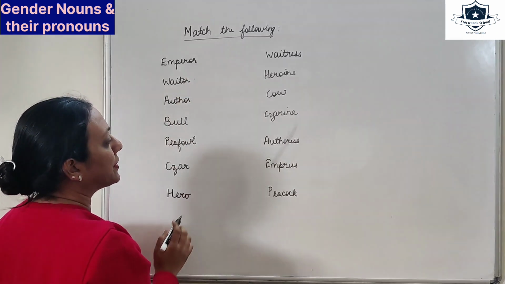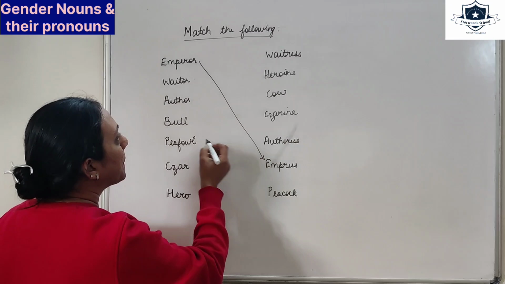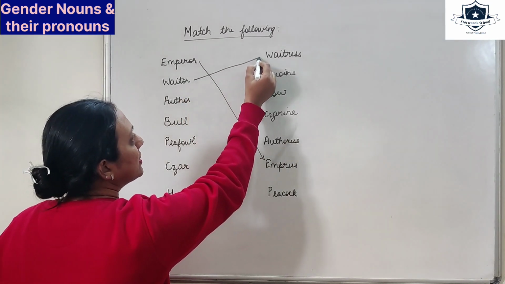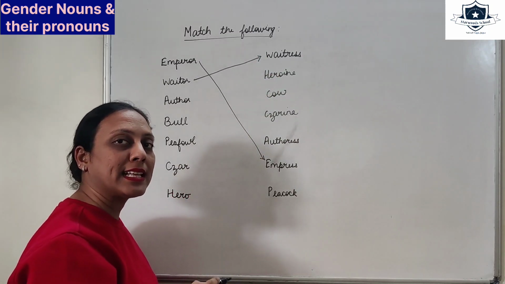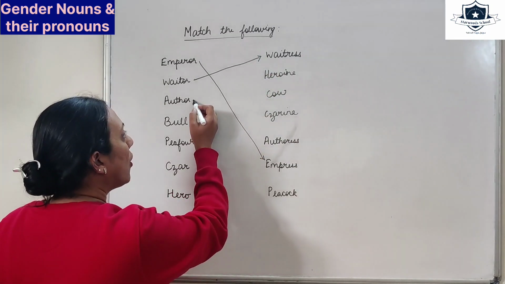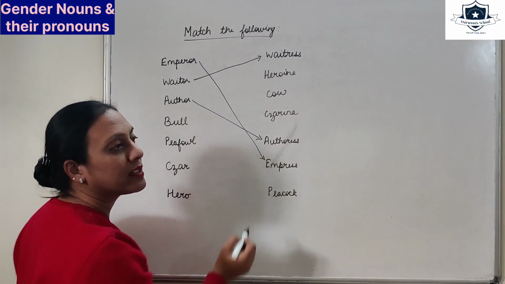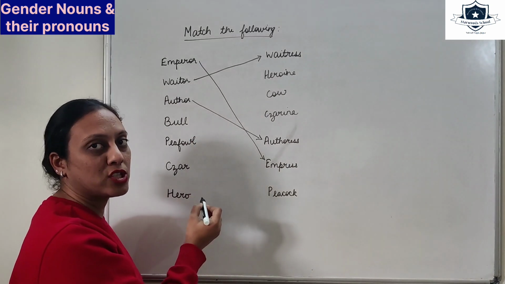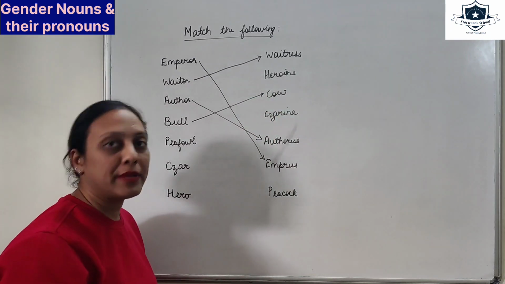First is emperor. So that can be matched with empress. Next is waiter. Waiter is the masculine gender noun. It can be matched through waitress. That's a feminine gender noun. Author is a masculine gender noun. It can be matched to the feminine gender noun, that is authoress. Bull is a masculine gender noun. It can be matched with cow, that is the feminine gender noun.